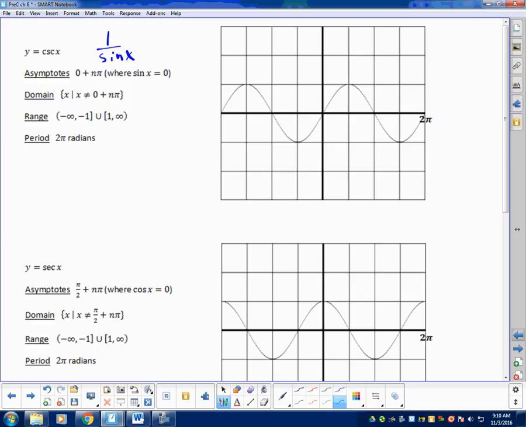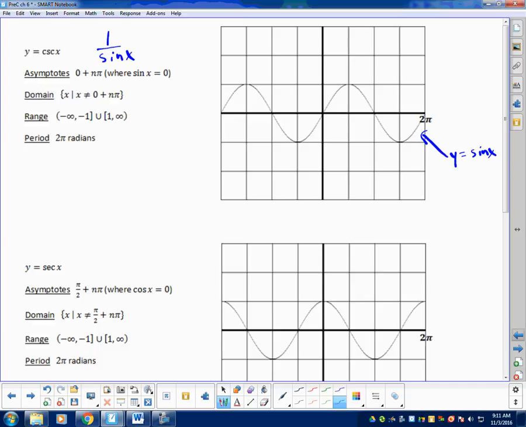The asymptotes are at 0 plus n pi, where sine of x equals 0. So in other words, the asymptotes are going to be anywhere where the sine curve, you might want to draw it, this is actually y equals sine of x. So that's the key for graphing cosecant. Here's the first thing you do: you graph sine of x as a little dashed line.